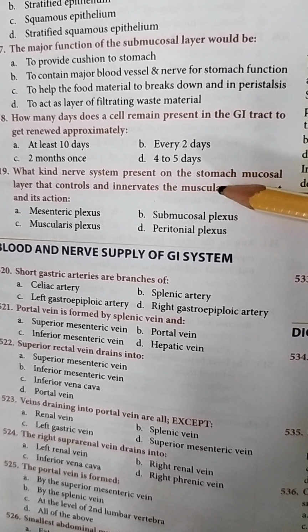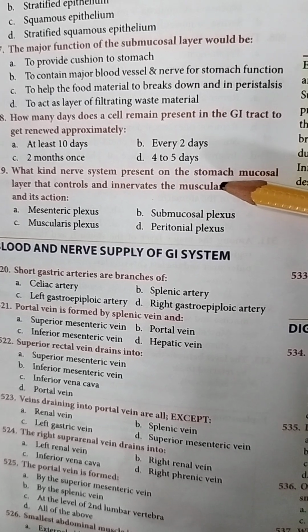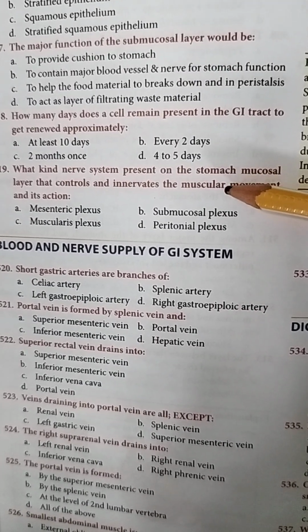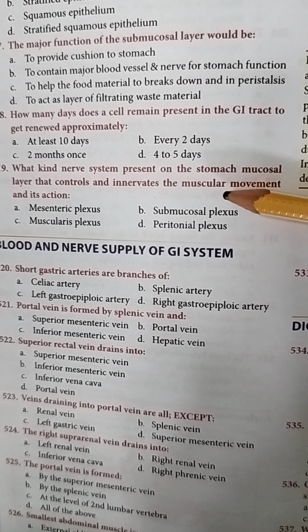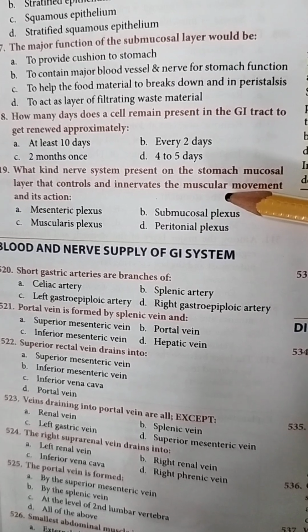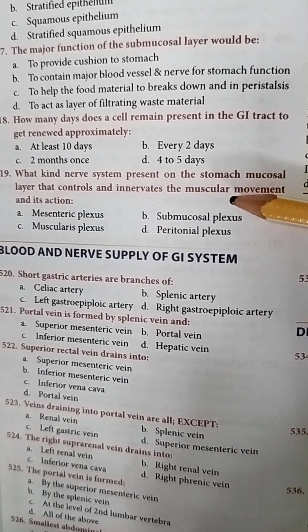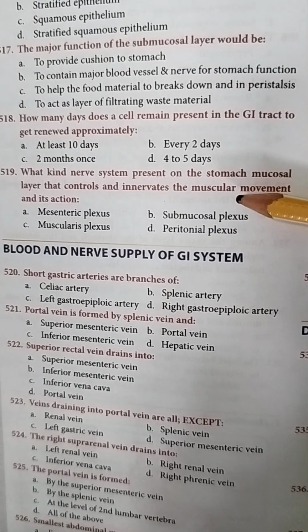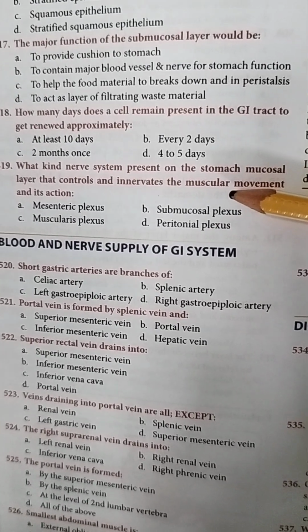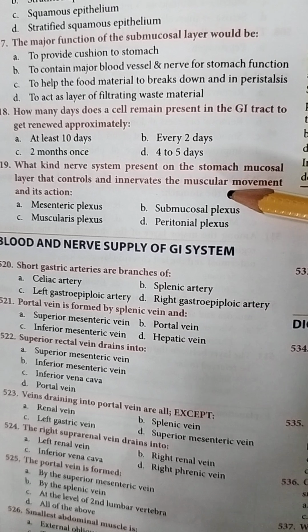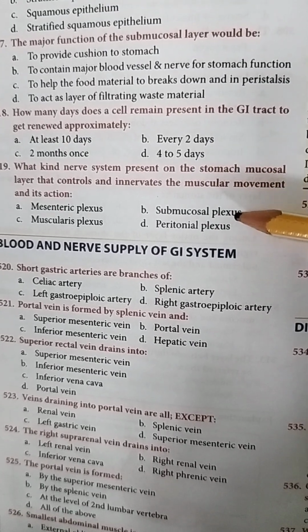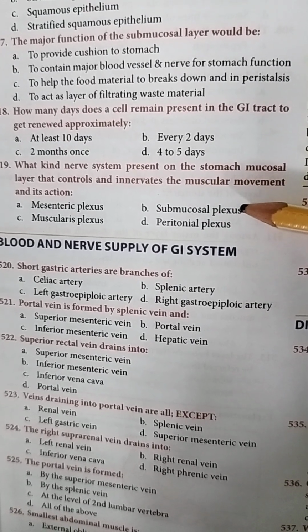What kind of nerve system present on the stomach mucosal layer that controls and innervates the muscular movement and its action? Submucosal plexus.